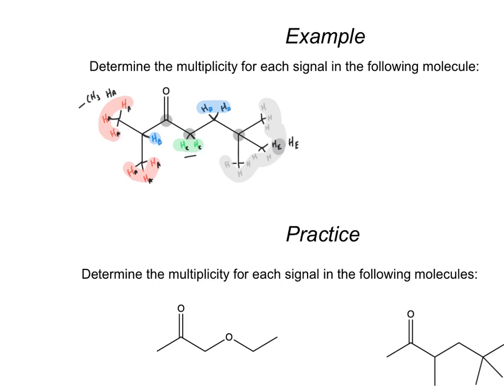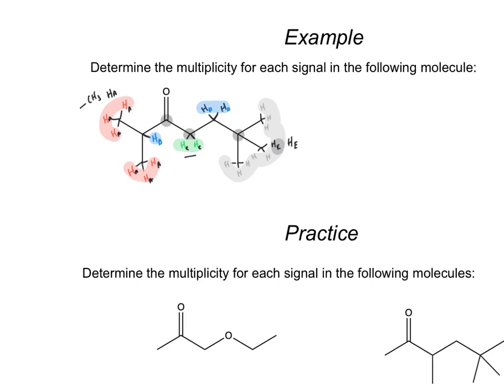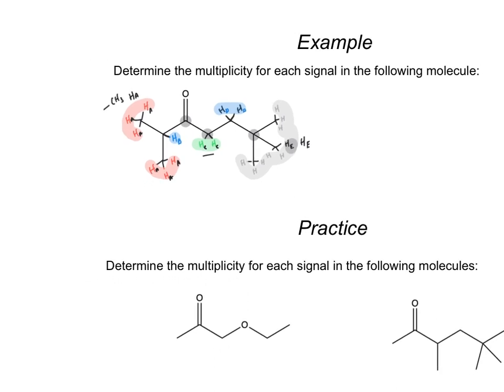We had to figure out how many signals we're actually going to see. Number 2, now we can worry about the multiplicity of each. We're going to start over here with HA. In considering its multiplicity, note that these are all equivalent protons. They're not going to split one another. So we're only concerned with the number of protons that are 2 to 3 sigma bonds from HA.